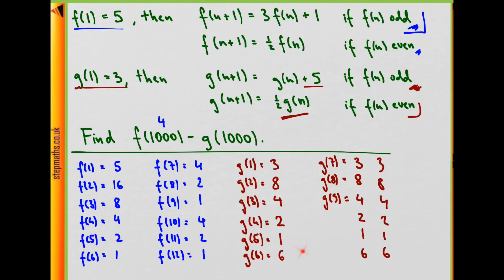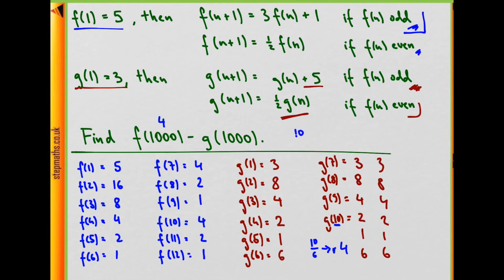So we get the same result every 6 numbers. So say every number that gives a remainder 4 after it's divided by 6 will have the value 2 in G. For example, here, the G of 10 is 2 because 10 divided by 6 gives you remainder 4.